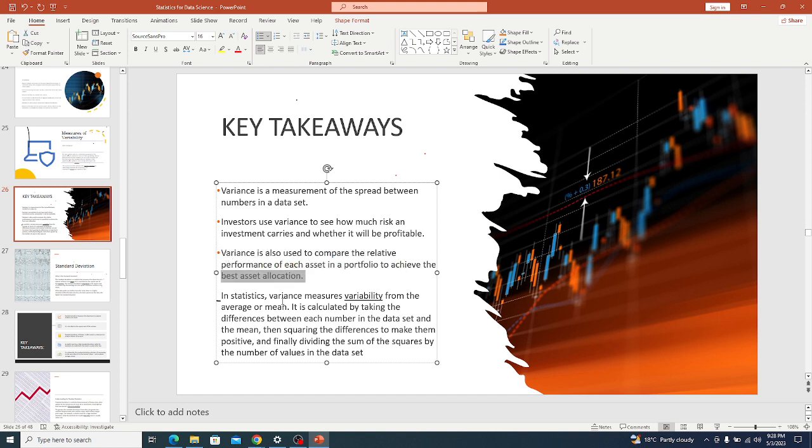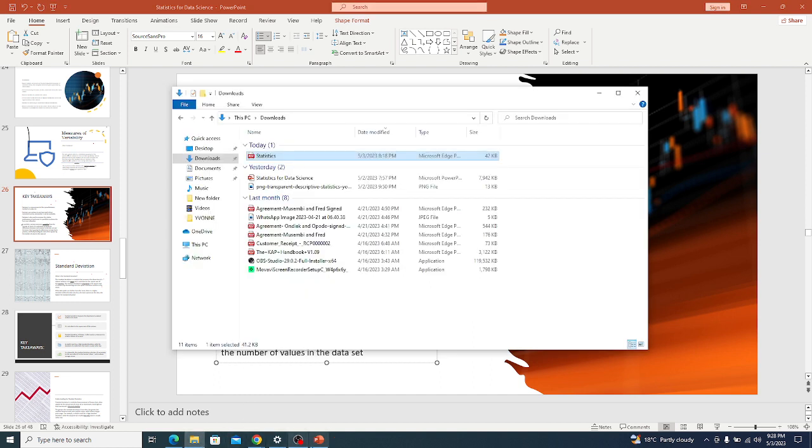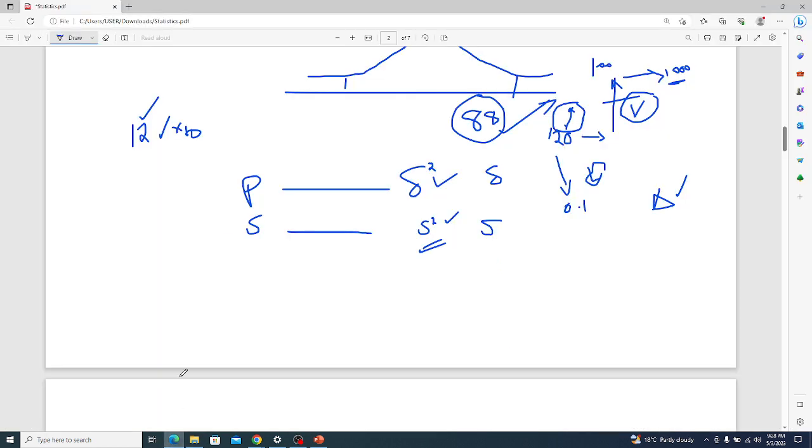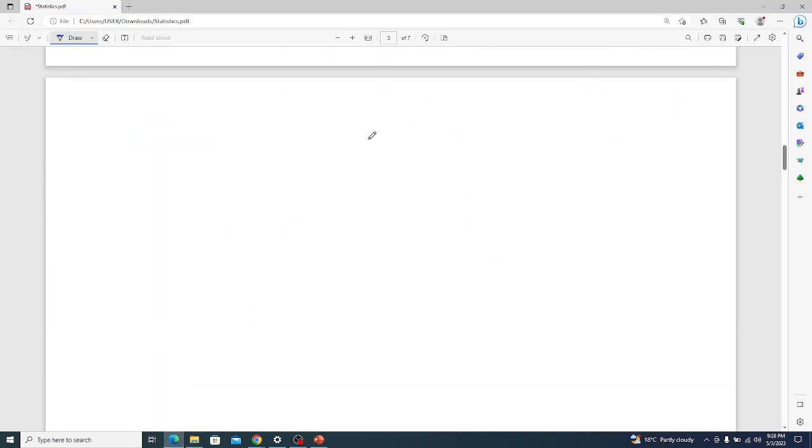And in statistics, we usually take variance measurements or variability from the average. It is calculated by taking the difference between each number in the data set and the mean. So I want us now to write a formula out of that. It takes the difference.